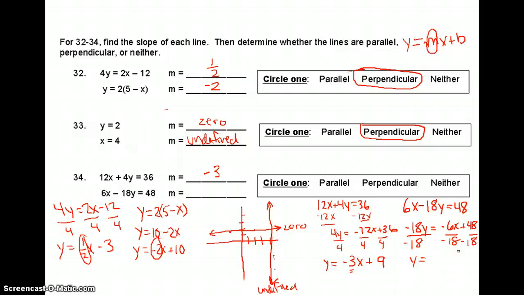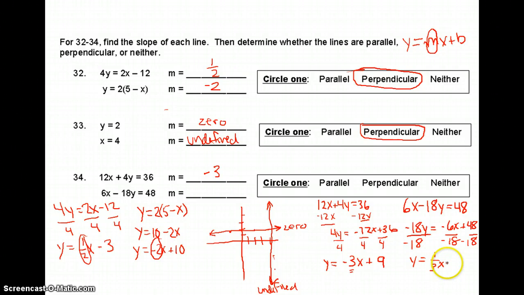I don't want to do that, so let's just turn that into a fraction. Let's reduce that fraction. 6 goes into both of those. 1/3. So let's make our slope 1/3 x. And we got 48 divided by negative 18, and that's minus 2 and 2/3 repeating.